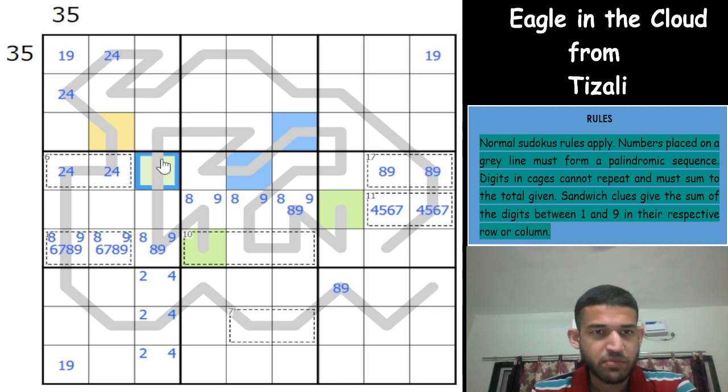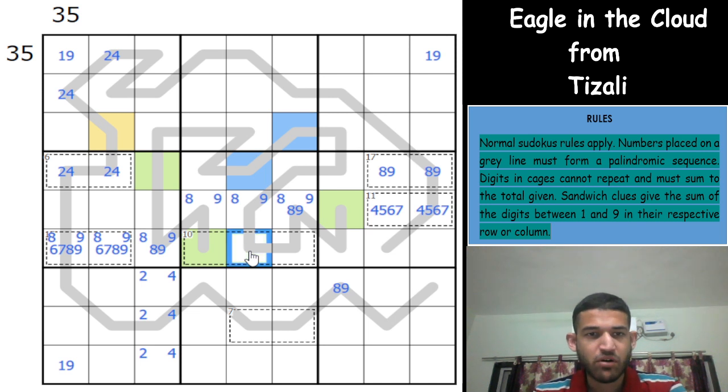Now this is part of a palindrome and it is the 5th cell from this direction. So the 5th cell from this direction, 3 4 5, also becomes a green, but all the green cells are the same. So you have 2 repeating digits in the box, which makes it abundantly clear that this cannot be a green cell. The green cell is in one of these two cells. So we can be certain that the green can only be 2, 4.